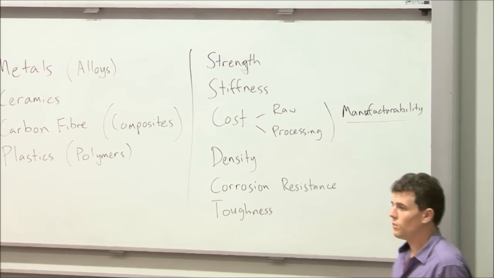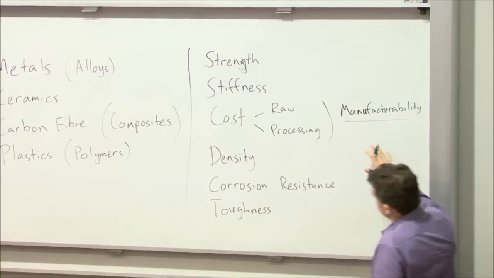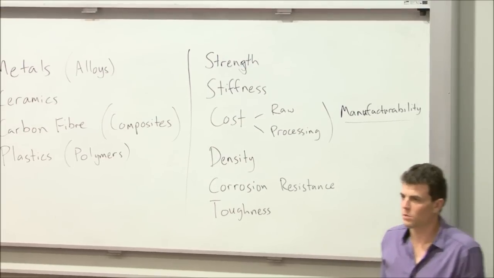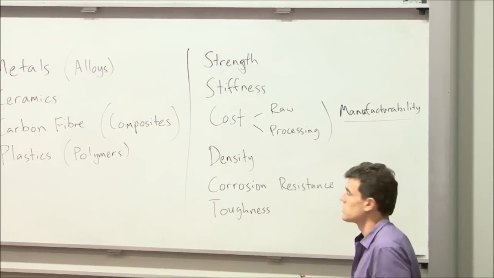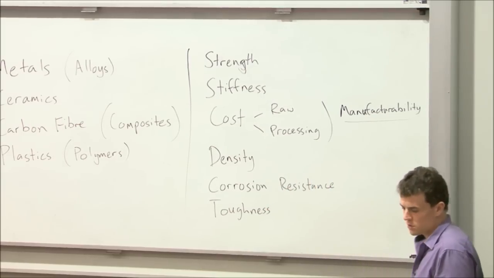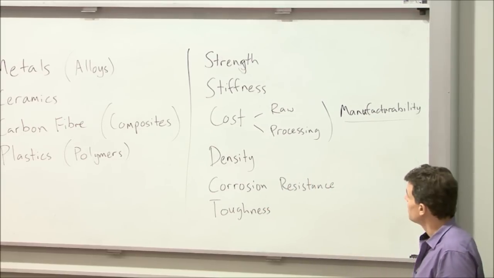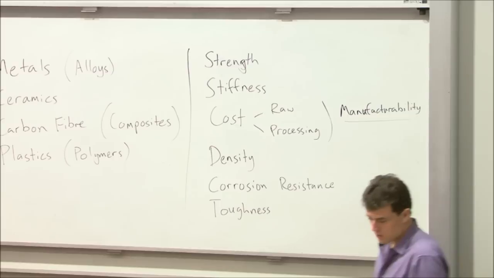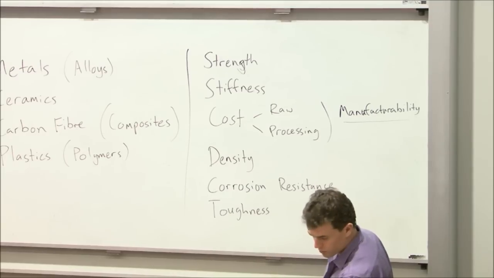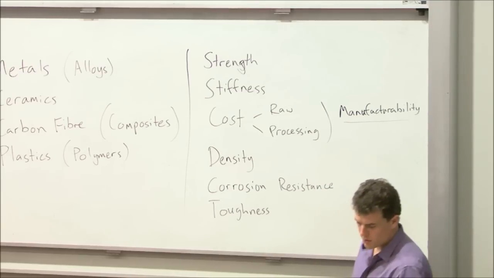But when we talk about different materials, we also have to talk about the kind of processing we can do to them to allow them to be used in different ways. Manufacturability actually has a big impact on how we use engineering materials. There's a few others that we'll get to in this lecture.